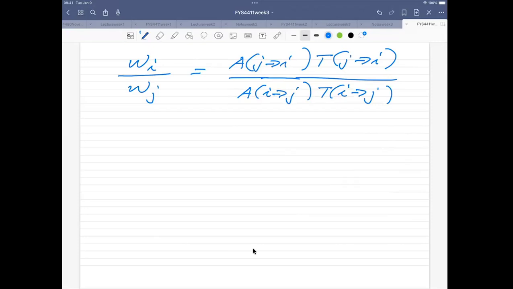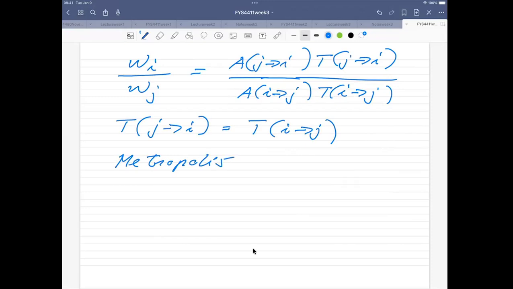Now, the thing which we did last week was simply to assume that these transition probabilities are reversible. So we simply put them equal, and that simplified the equations, and we ended up with a standard Metropolis algorithm.